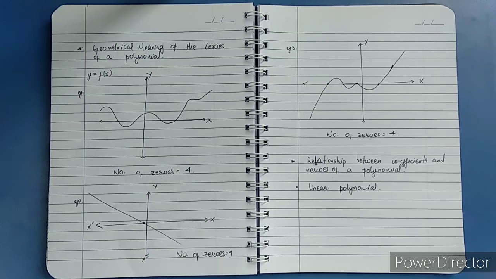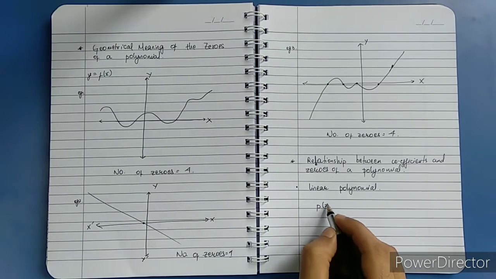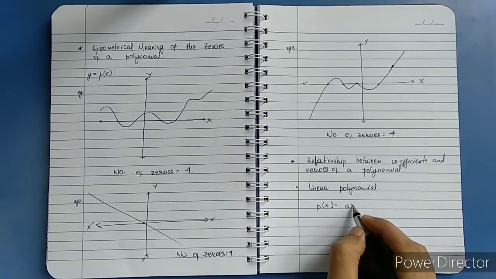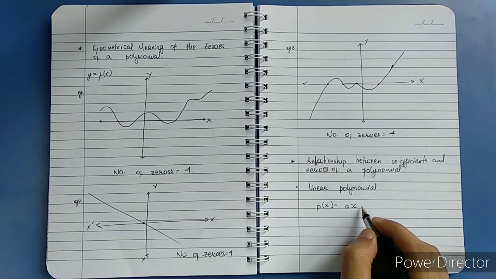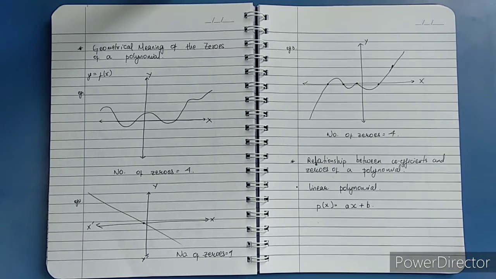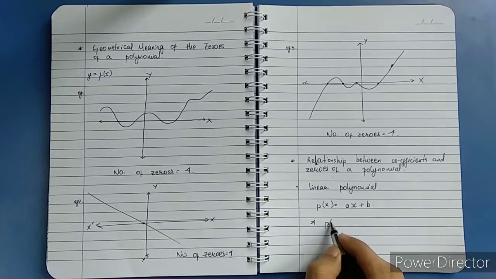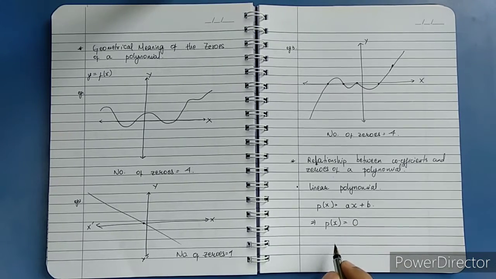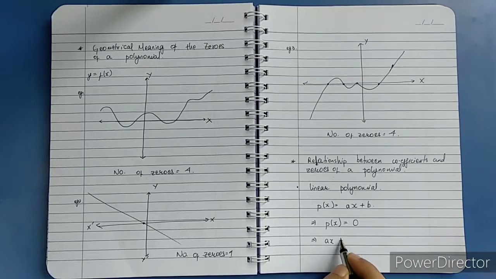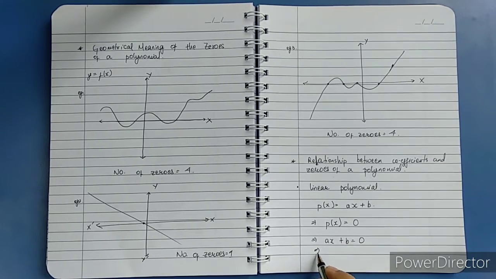For a linear polynomial, a general way of writing is p of x equals ax plus b. If we need to find the zero of a polynomial, we take p of x equals 0. So ax plus b equals 0, which implies x equals minus b by a.